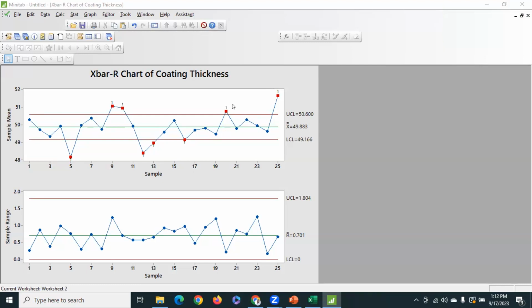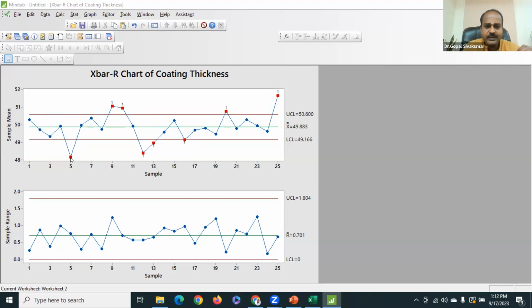Now, what to do if I see these kind of points? What should I do? Shall I feel happy and then continue running the process? No, sir. No. Analyze those lots wherein the errors are occurring. If you really want to be a responsible professional, when are you supposed to react?